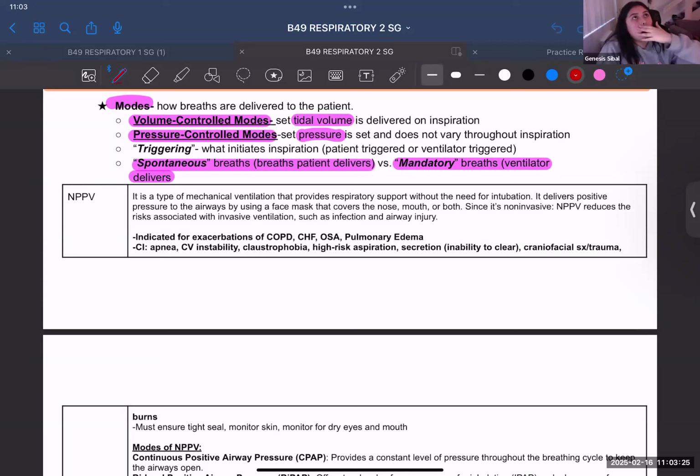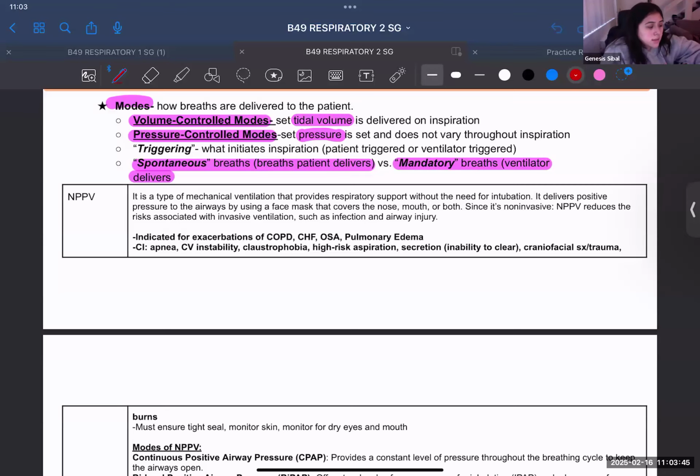It's kind of like how some maneuvers, like vagal maneuvers, just trigger our body to do something. If I were to bear down, that can decrease my heart rate. That's just triggering your body to do something. The vagal maneuver is causing that. So with triggering, the vent is causing them to take a breath.